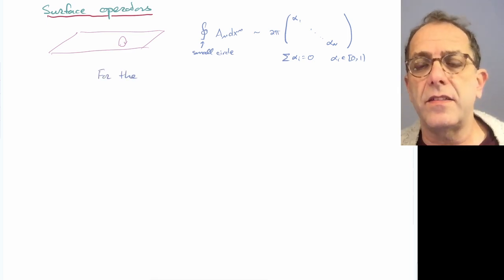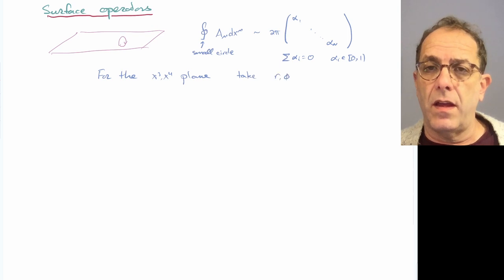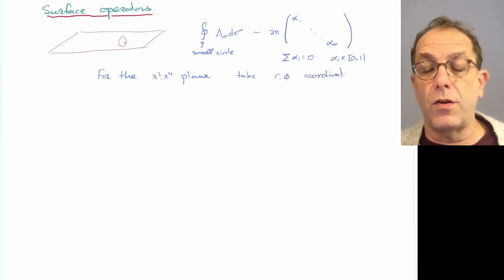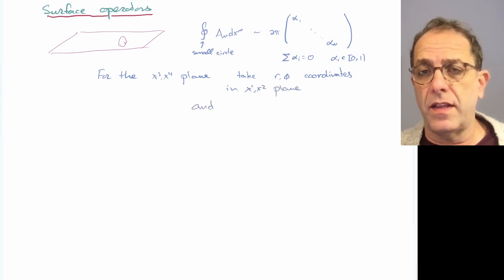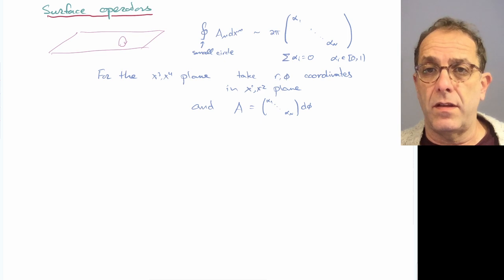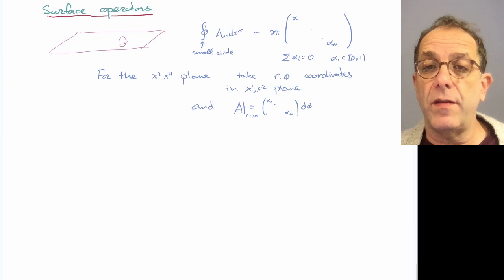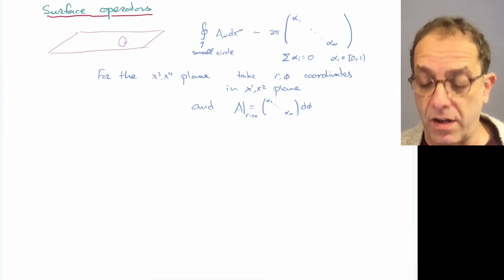So in the case of the flat plane in the x3, x4 direction, I can take polar coordinates in the x1, x2 plane, r and phi, and then simply demand that A near the origin behaves like this. It's proportional to d phi. This is only the behavior for infinitesimal r.